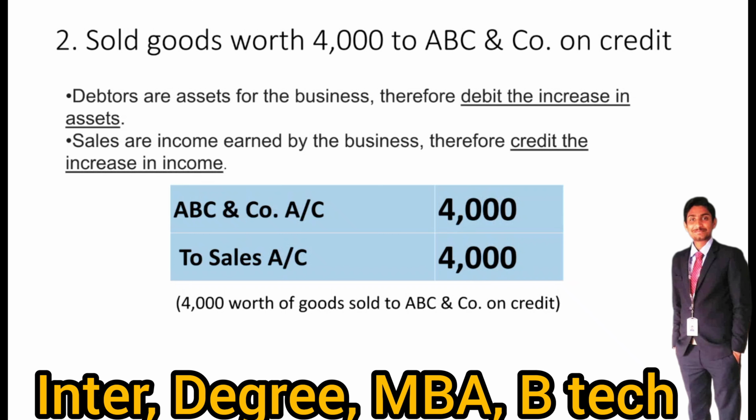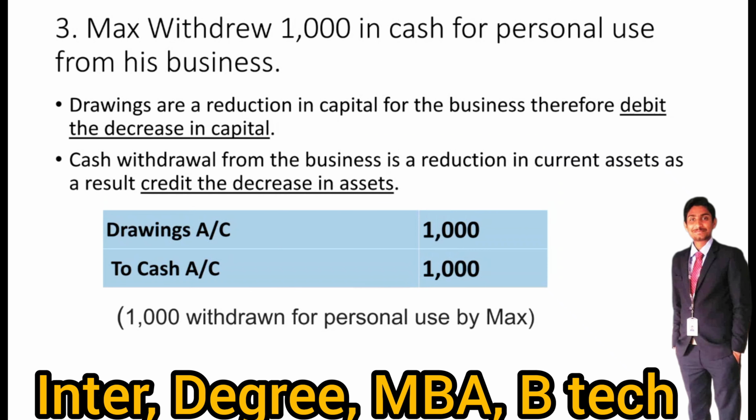And the third one: Max withdraws 1,000 rupees in cash for personal use from his business. Max is the owner of the business, and the owner withdraws 1,000 rupees cash. Here we need to identify the two aspects.